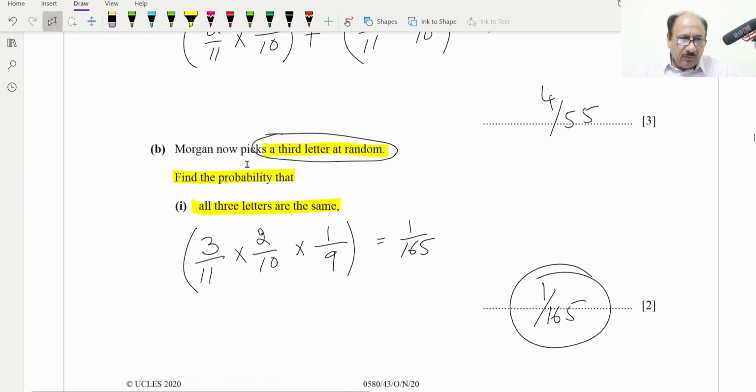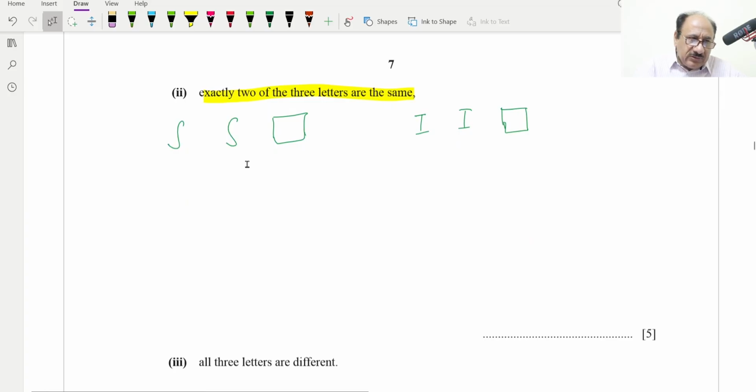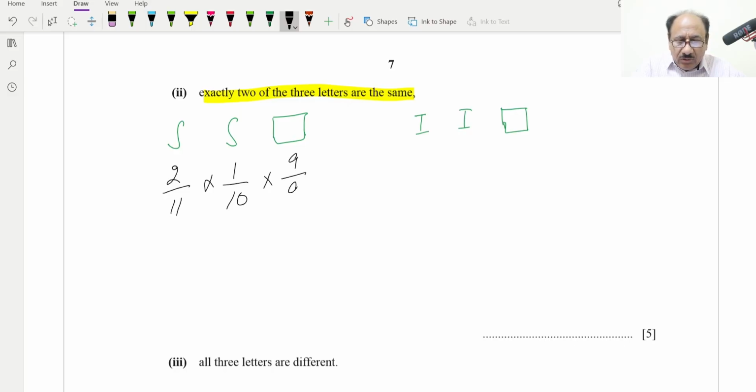So what is the probability for getting S at first situation? It will be 2 over 11 and 1 over 10, and the rest will be 9 because 2 are gone, so it will be 9 and total will also be 9. So this will be the probability, and these can be three combinations.